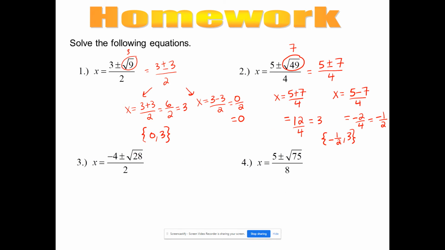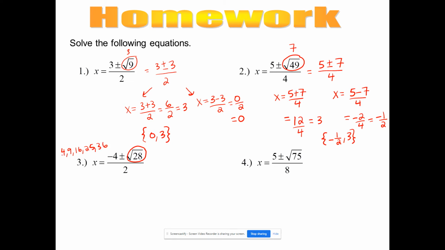Okay, 3 and 4 are a little bit different, because of the radical. There's not a perfect square on the radical. So what we're going to do is we're going to just reduce it as much as we can. So we've got 28 here. And remember, we're looking at the numbers 4, 9, 16, 25, and 36.